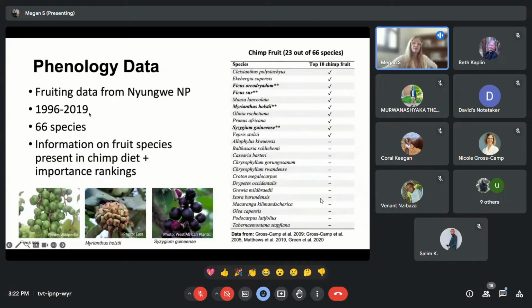We're adding that into the analyses right now, and we're running the models. There's a total of 66 species in this phenology data set. And then I added the information on fruit species presence in chimp diet and their importance rankings based on a bunch of these papers that Nicole had published and some other papers that have recently come out in the past 5 or so years from Nyungwe.